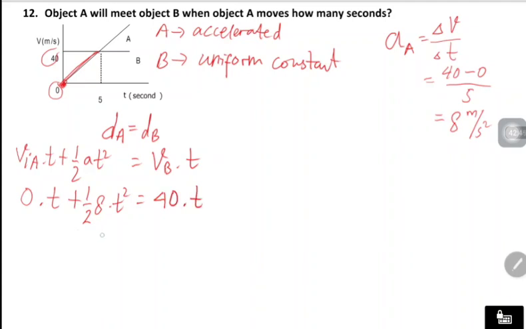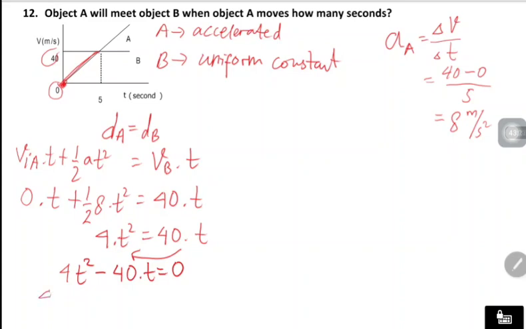So we get 4 times t squared equals 40 times t. We move this to the left side: 4 times t squared minus 40 times t equals 0.